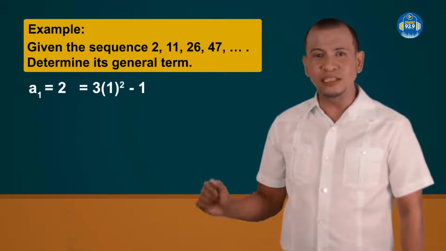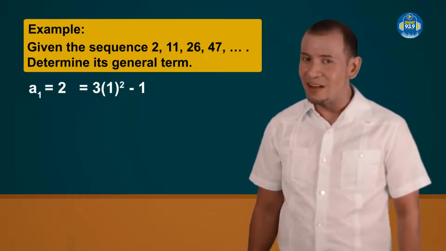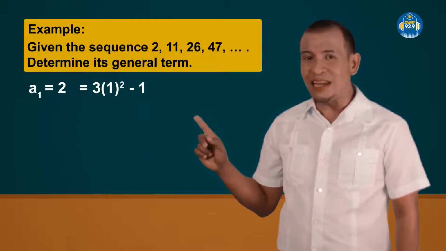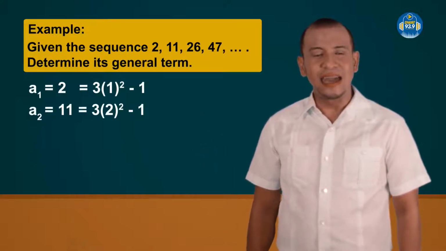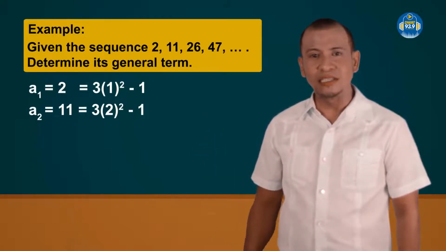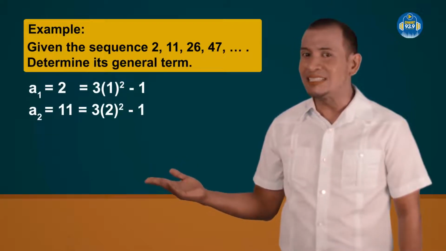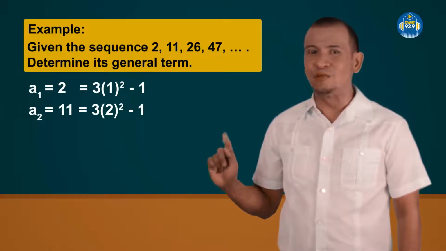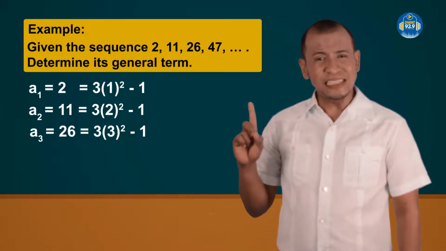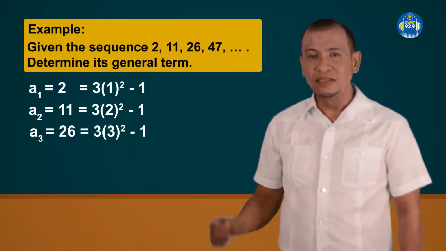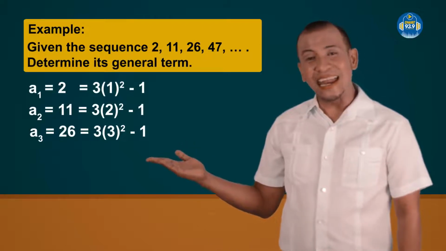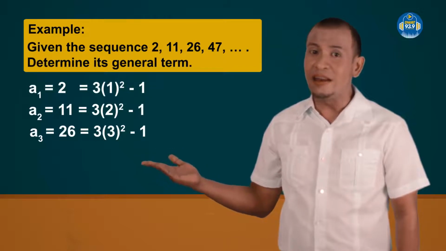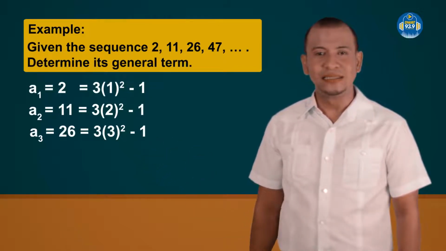A sub 1 equals 2, which is 3 times 1 squared minus 1. A sub 2 equals 11, and that is 3 times 2 squared minus 1. A sub 3 equals 26, and that is 3 times 3 squared minus 1.